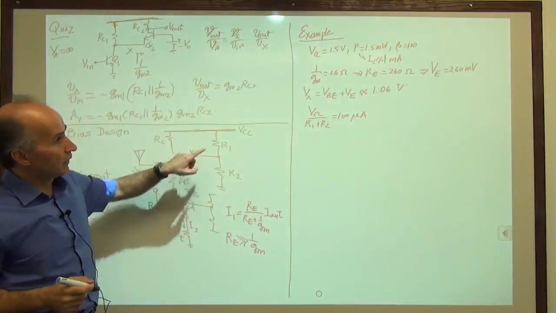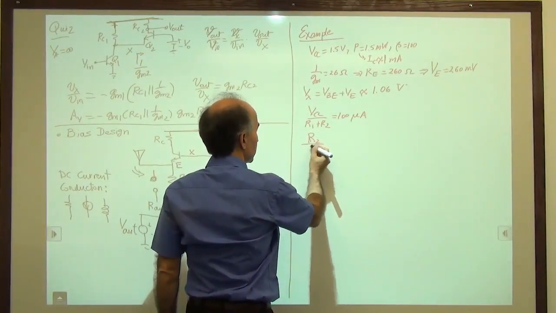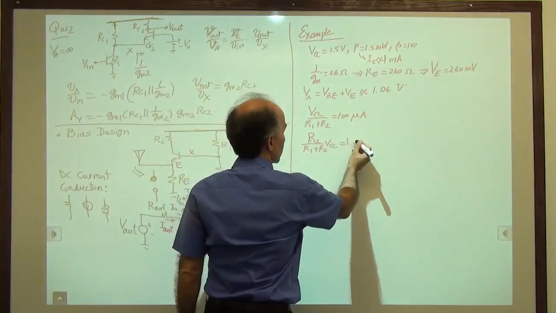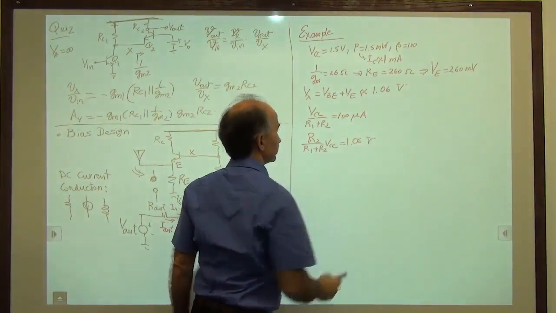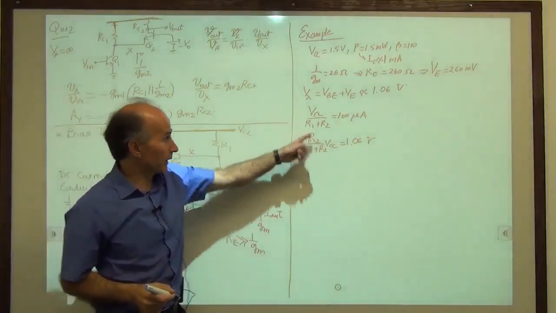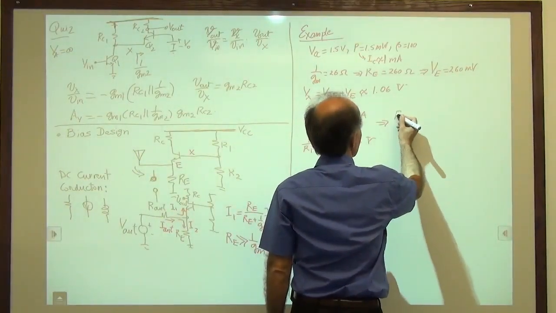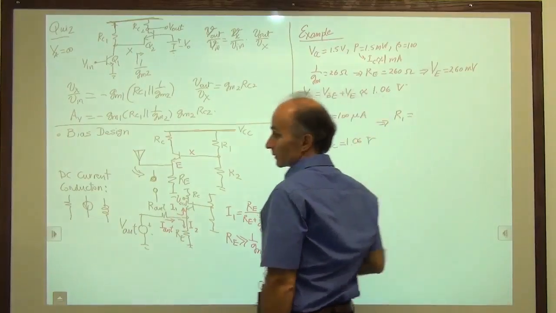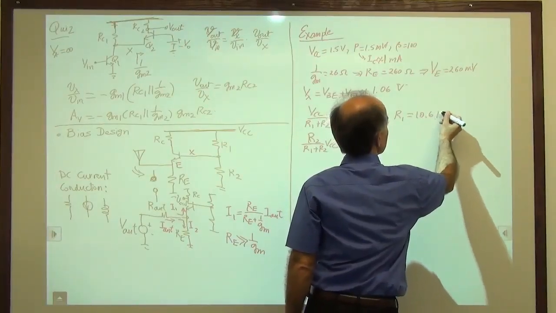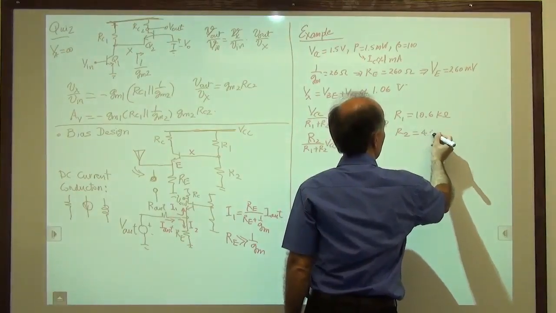And because Vx should be 1.06 volts, R2 divided by R1 plus R2 times VCC should be 1.06 volts. That's what the voltage divider does. From these two equations, we can find R1 and R2: R1 is 10.6 kilo ohms, and R2 is 4.4 kilo ohms.